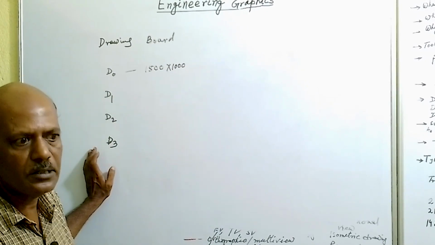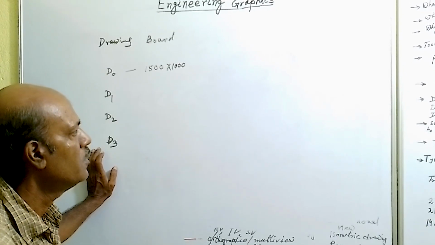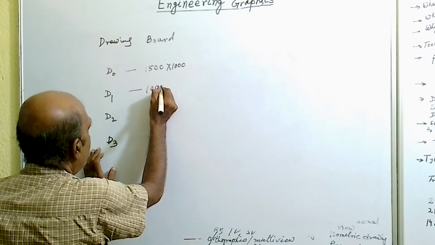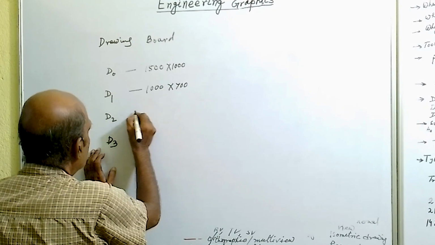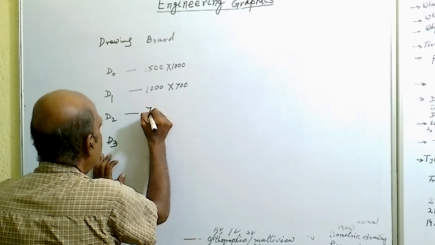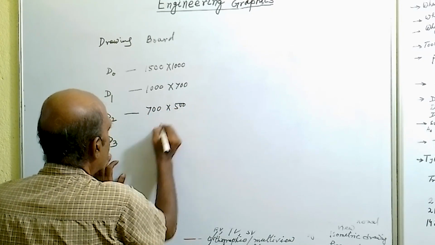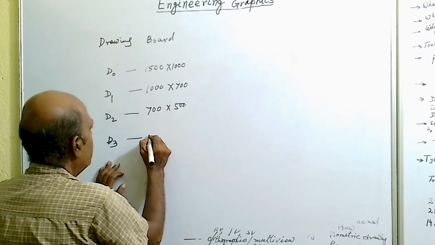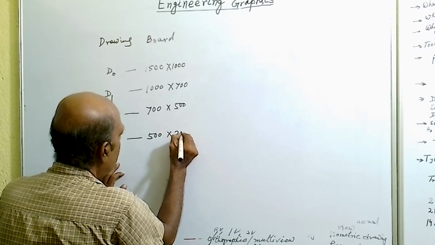Okay, this is the largest board, and the next size board is D1, that is 1000 by 700 millimeter. Now the next size is D2, that is 700 into 500 millimeter, and the smallest size board which is available, that is 500 into 350 millimeter.